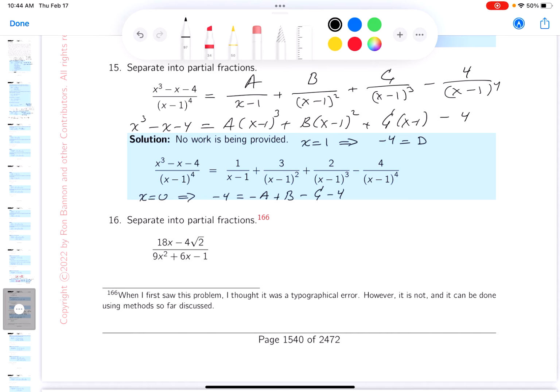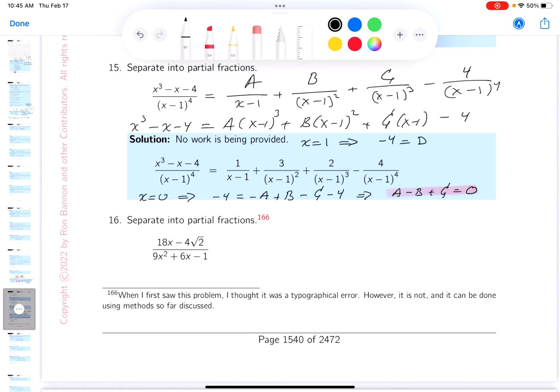I chose 0, so I get minus 4 on the left side, minus 1A, plus B, minus C, minus 4. Good. I'm going to keep going on. I'm going to write this a little bit differently: A minus B plus C equals 0. All right, I'm going to highlight that, indicating I believe this is going to be important to me.